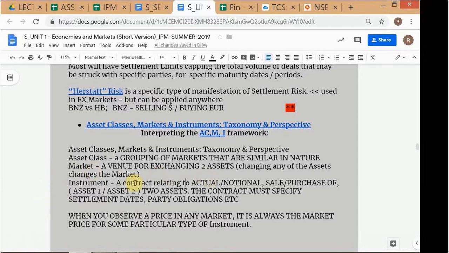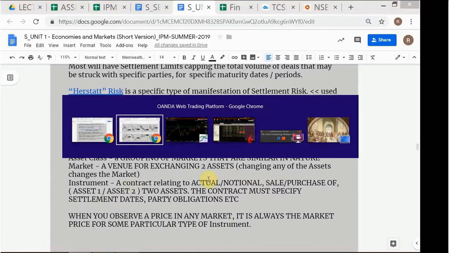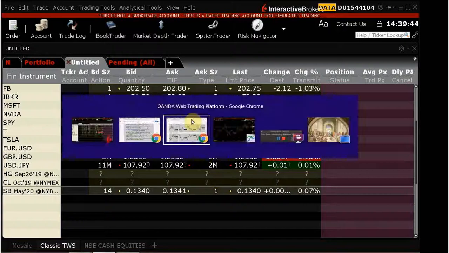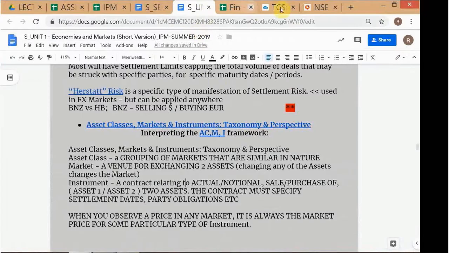The moment you change any of the assets, it will change the market. We are not going to spend time on that right now, but for instance, gold trades mainly in terms of US dollars, but you can also take a gold price in yen, or a gold price in Indian rupees. All of these would be treated as different markets.